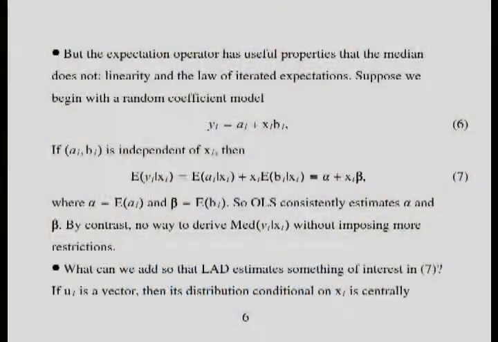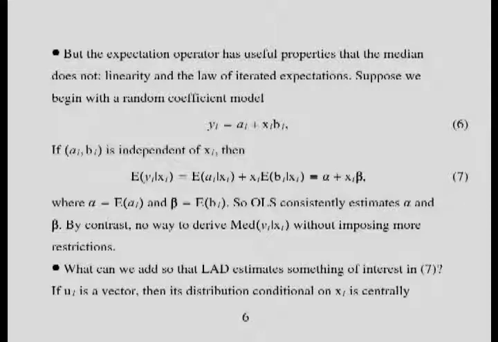Okay, but let's not forget about some properties that the conditional mean has that the median does not share. Two of those that turn out to be fairly useful generally are the expected value is a linear operator and the median is not.